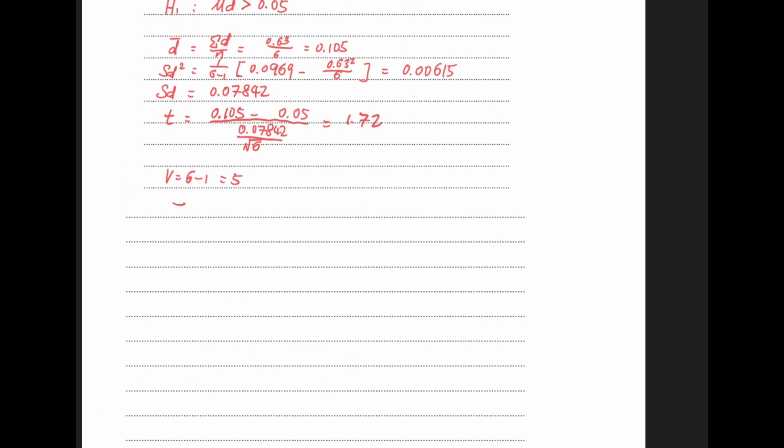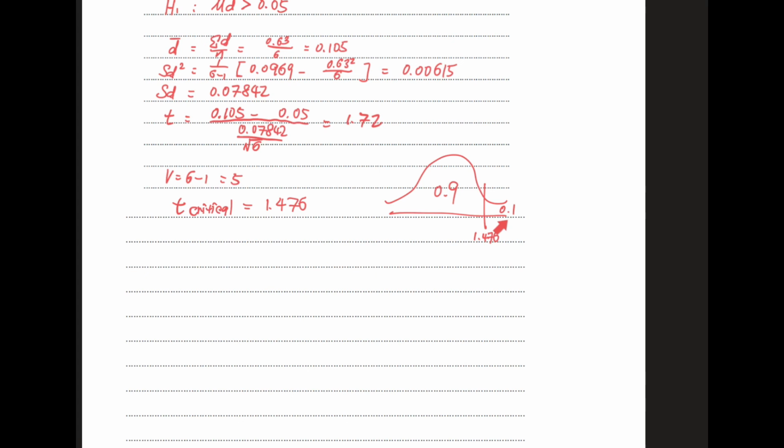So the t critical is 1.476. Imagine your situation is going to be like this: 1.476 is here, 0.1, 0.9. Now our test statistic, 1.72, is in the critical region.